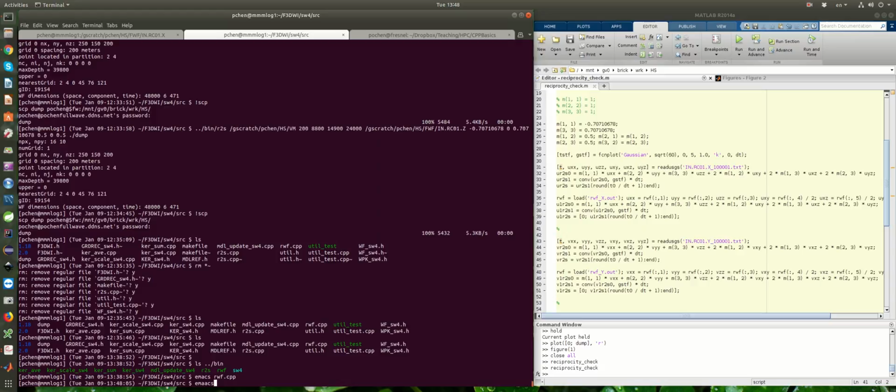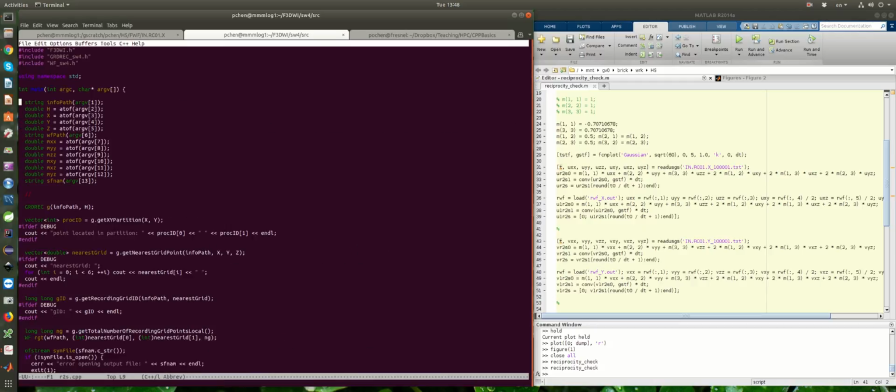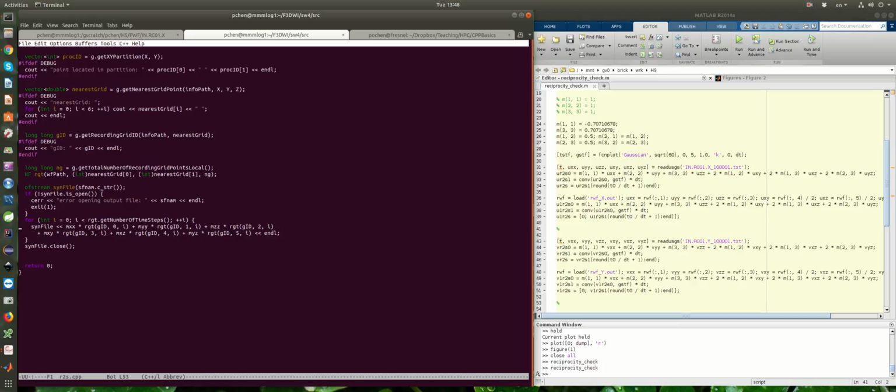It's called R2S. R means RGT, 2 means to, and S means synthetic. So from RGT, receiver Green tensor, to synthetic seismograms. That's a binary for doing that calculation.